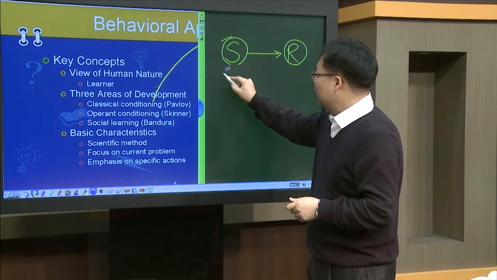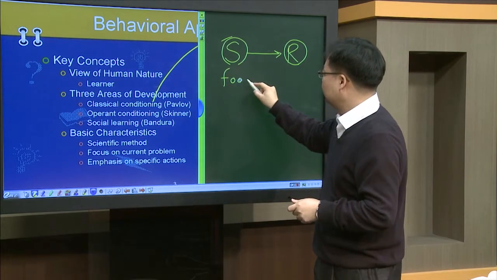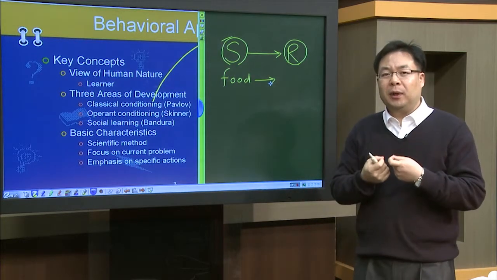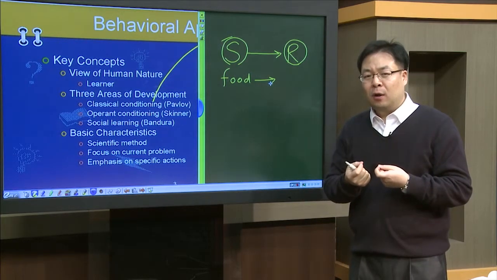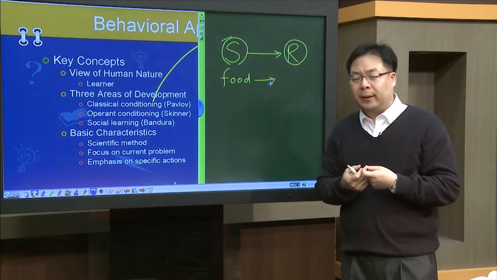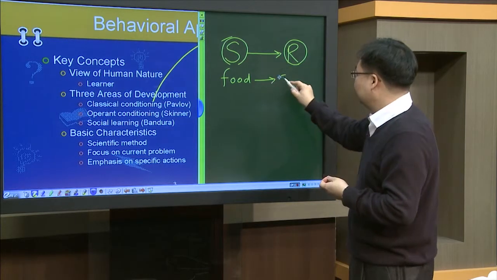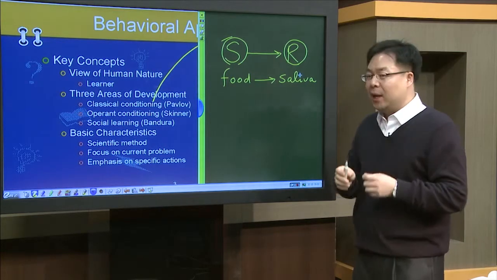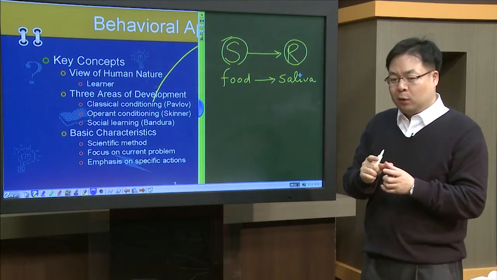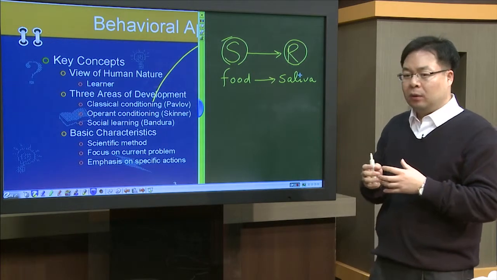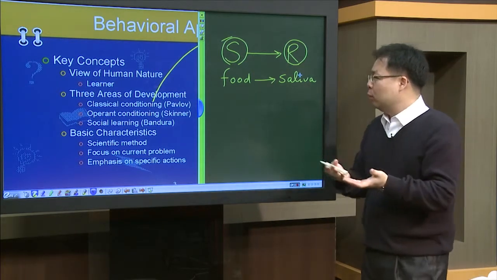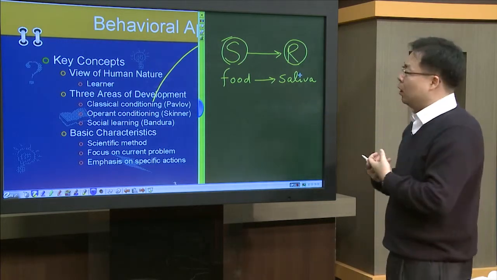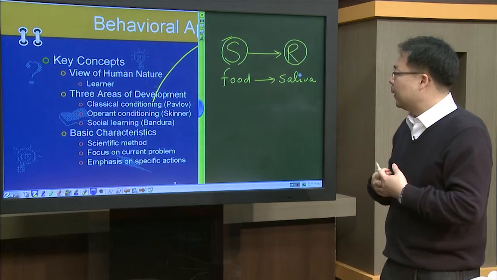When we provided food, that was the stimulus, and then the dog would begin salivating, its mouth watering. That is natural. If we provide food, they will automatically begin salivating.